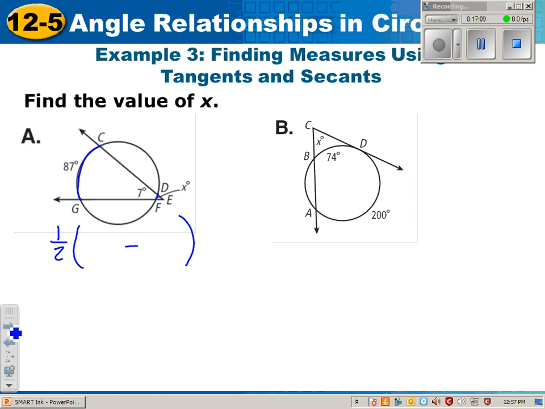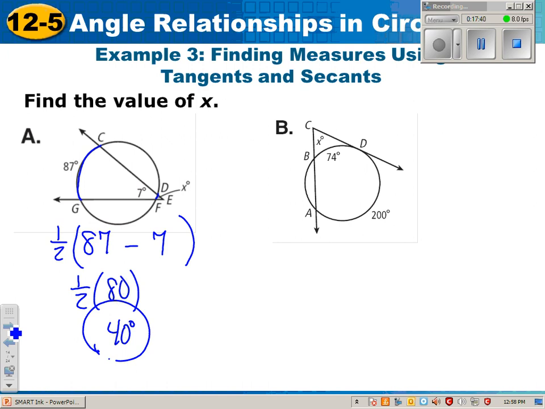So what am I going to subtract here? 87 minus 7. Keep in mind, they're probably not always going to give you the measures. You may have to use the fact that a full circle is 360 and find some missing arcs first. They're going to get a little harder. What's 87 minus 7? 80, and half of 80 is 40. So outside, half the difference. Questions?